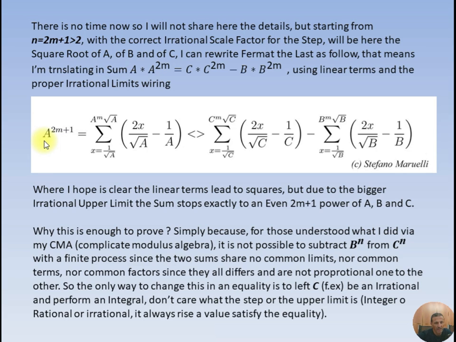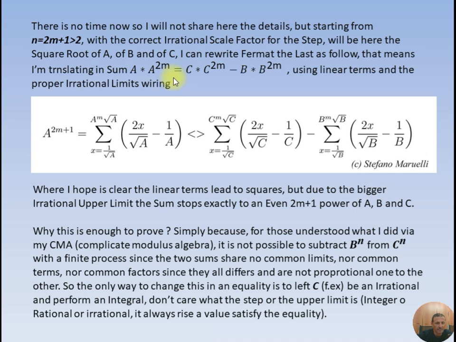We can write a to the n in this case as a to the 2m plus 1. So this can be represented as a square, so using a linear derivative. And what we have to understand here is just that we have to find a way to put this multiplicator factor into the sum, and I hope it's very easy to understand.